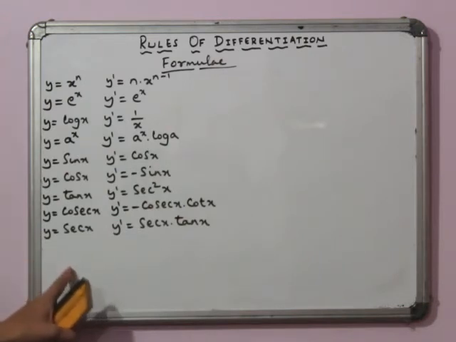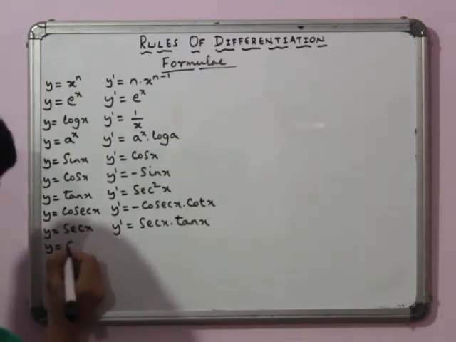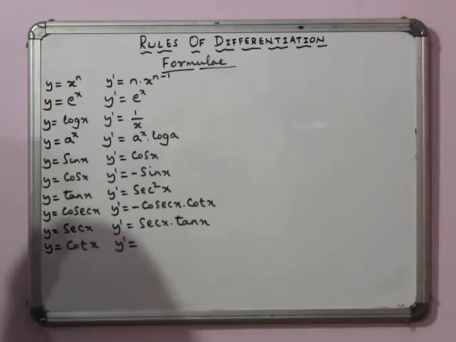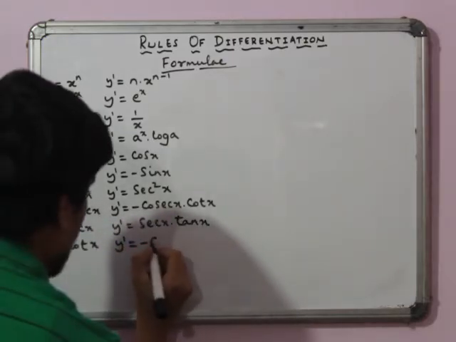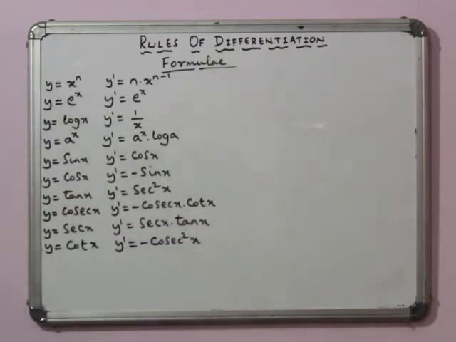Derivative of secant x is secant x into tan x. Then y is equal to cot x, y dash is equal to minus cosecant square x. Okay, so these are the derivatives of trigonometric functions. These are the derivatives of some important functions which are required.